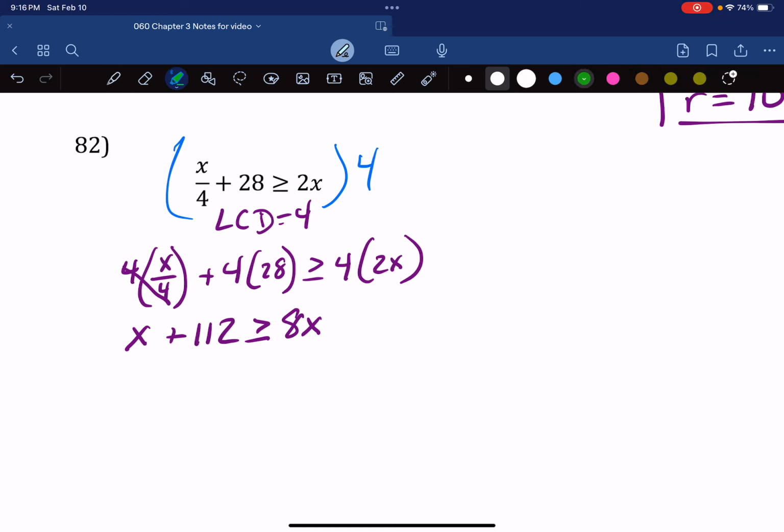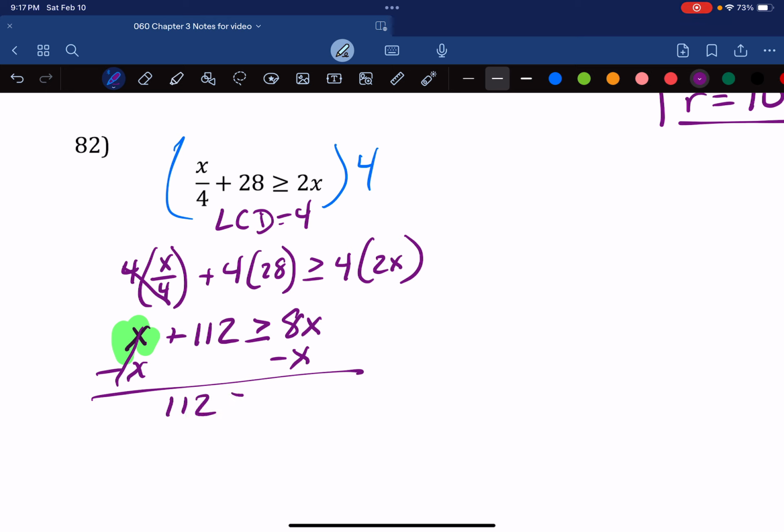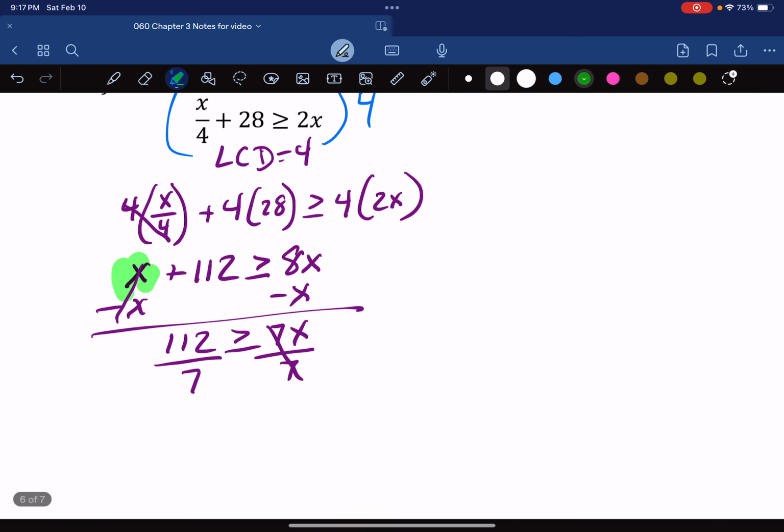And now we can do the other steps, which are going to get us to move our variable term to the other side, and then isolate our variable, which is this 7 here, by dividing by that 7.